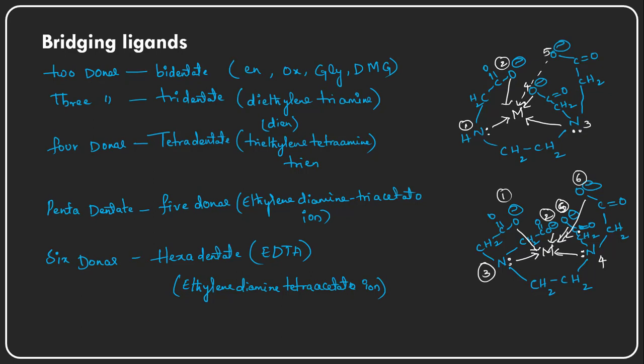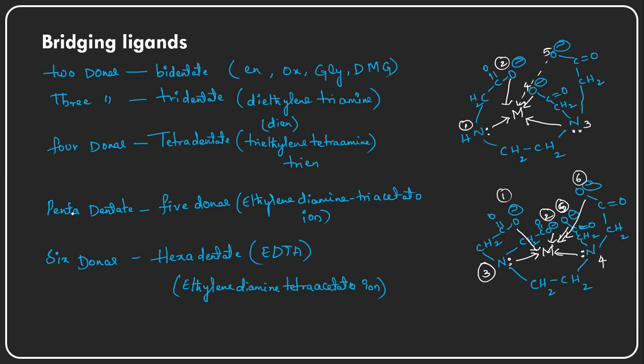So it is a completely cage-like structure around the central metal cation, which acts as the best chelating agent for any central metal cation. All these polydentate ligands are called bridging ligands, as they form a bridge between the coordinate covalent bonds, right?